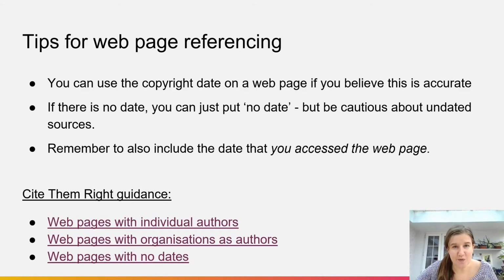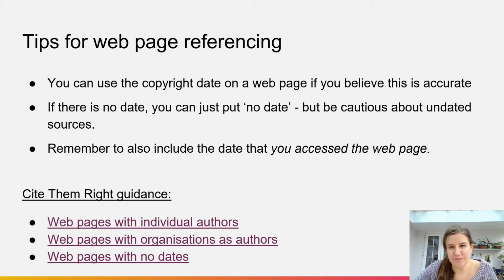A few tips for web page referencing. I mentioned that it might be difficult to find a publication date on a web page, to find the year that that information was published. You can look down to the very bottom of the page and look for a copyright date. And it's possible to use that if you believe that it's accurate.